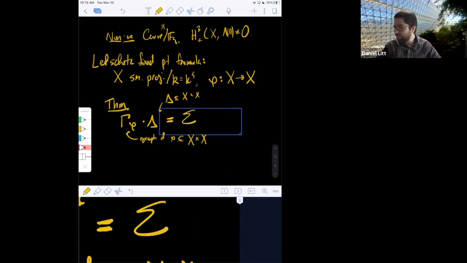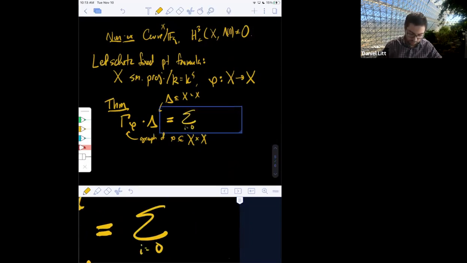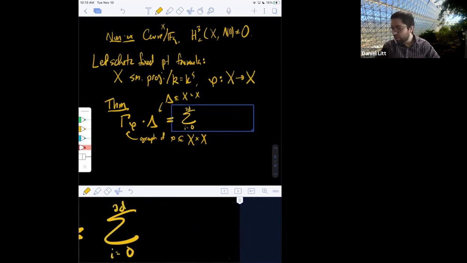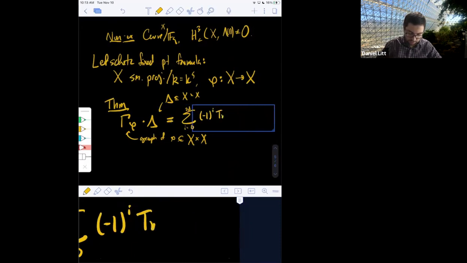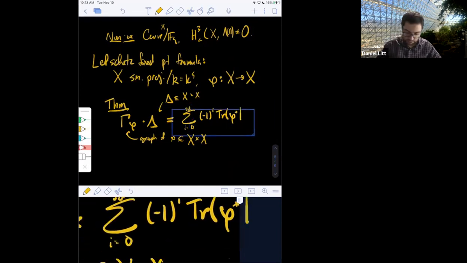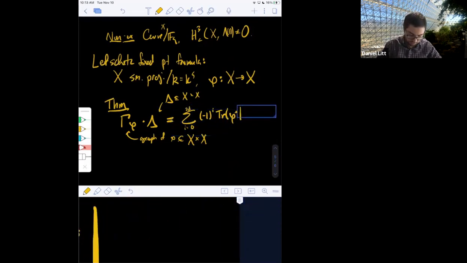This is the sum from i equals 0 to 2d of (-1)^i times the trace of phi star acting on the étale cohomology of X.